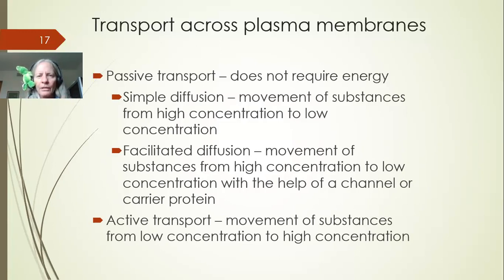Plants use active transport when they are acquiring some of the minerals from the soil, for example. And as we will see, plants use active transport to actively transport hydrogen ions, and that's really important for a lot of their transport.